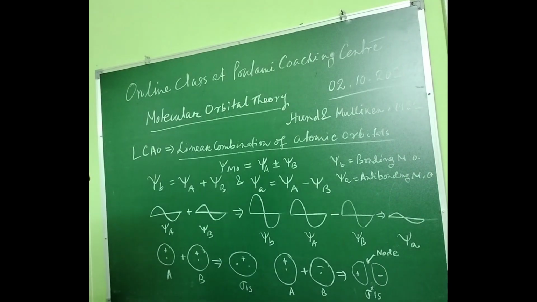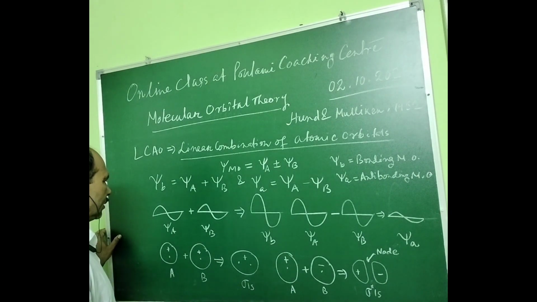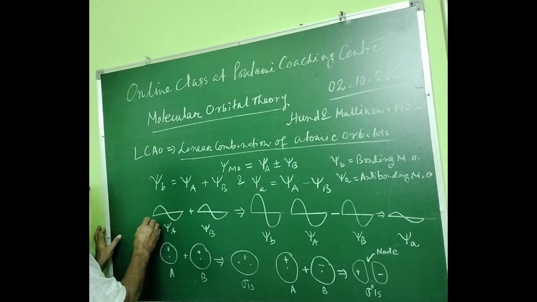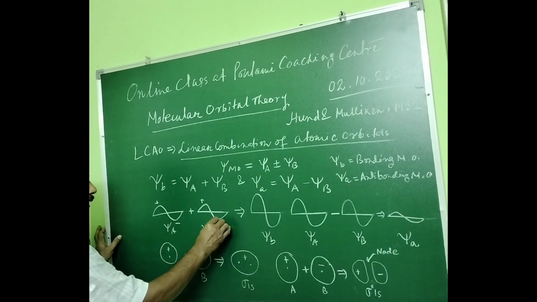Now let us represent this in wave form. This is represented by psi A. This is plus phase, this is minus phase, this is plus phase, this is minus phase.